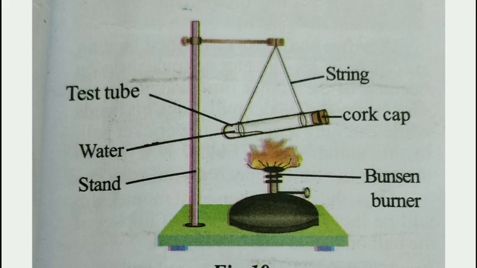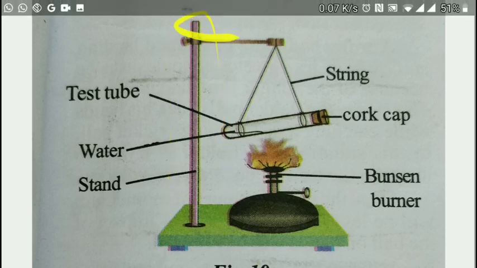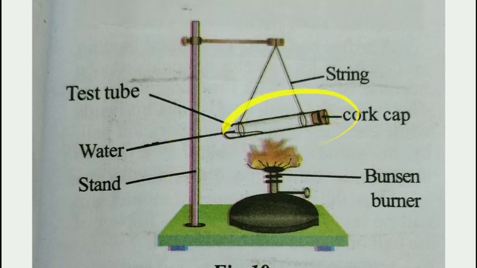Here is a picture showing you the whole experimental setup. See here, this is a stand from which we are hanging a test tube. This is the test tube, children, and this is a cork cap, and these are the strings by which I made the test tube hang from the stand, and this is the Bunsen burner by which I will be able to produce heat.